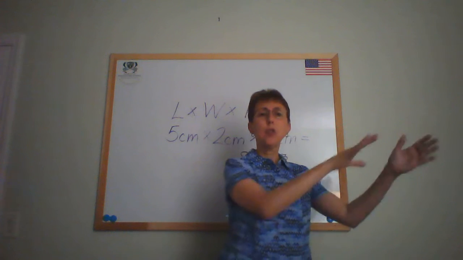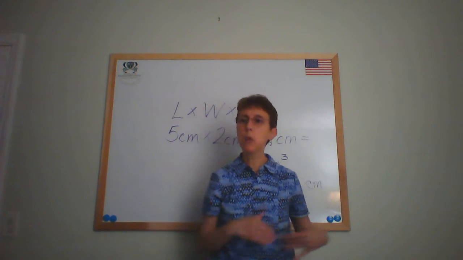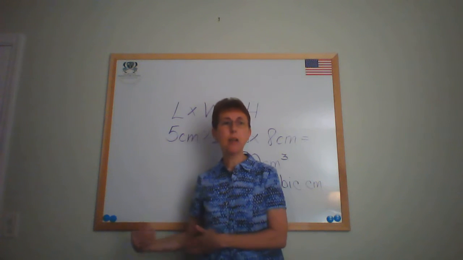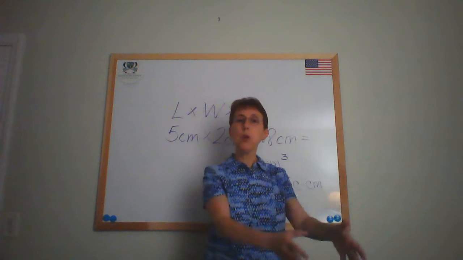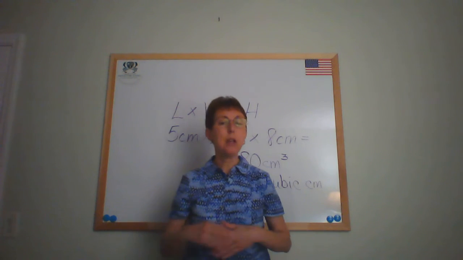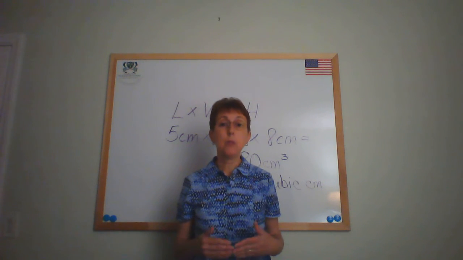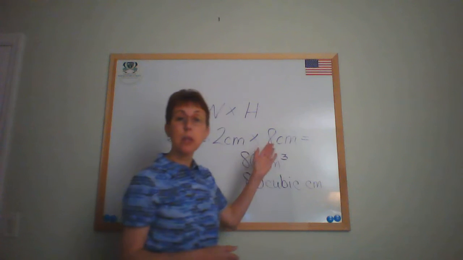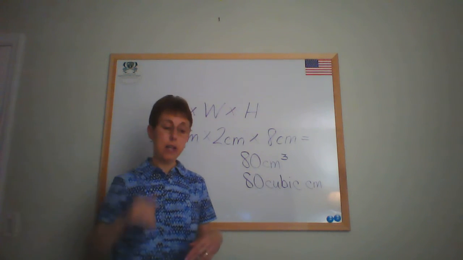And then we would have to do another row in front of that, another row in front of that, and we would keep working our way right out of the classroom until the classroom was completely filled with those boxes stacked from floor to ceiling. So again, we could figure out the volume of the classroom simply by using this formula where we could measure the length by the width times the height.